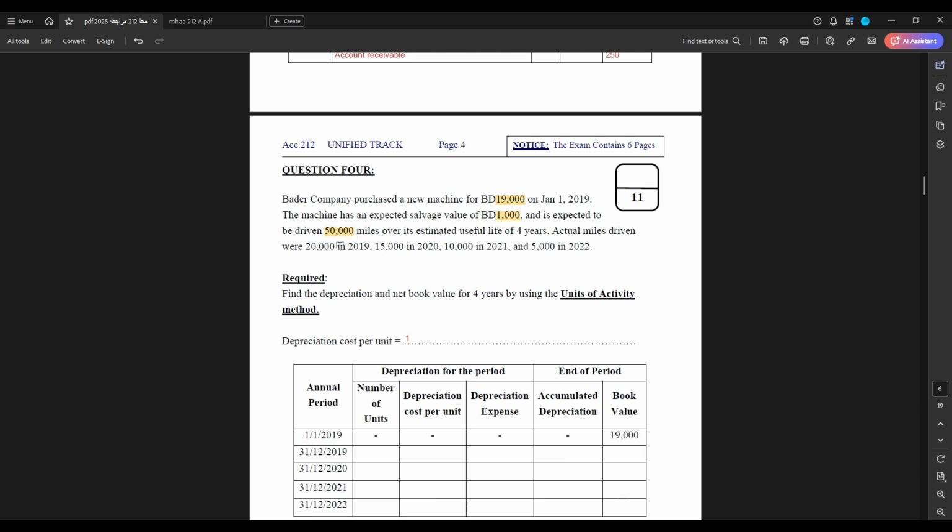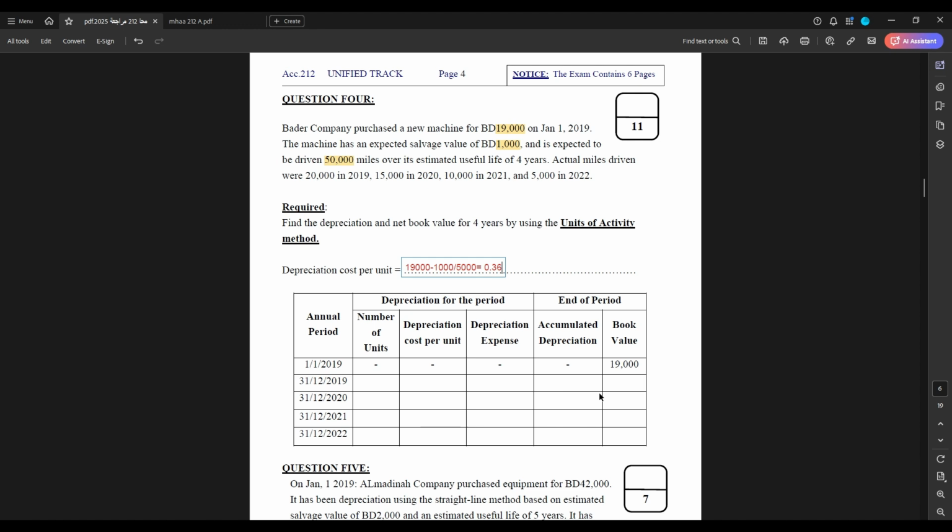We have here already calculated for us 50,000 miles. If we didn't have it, we would need to add the miles for all years. So the steps will be 19,000 less the salvage value 1,000, divided by 50,000. It will equal 0.36 cost per unit.